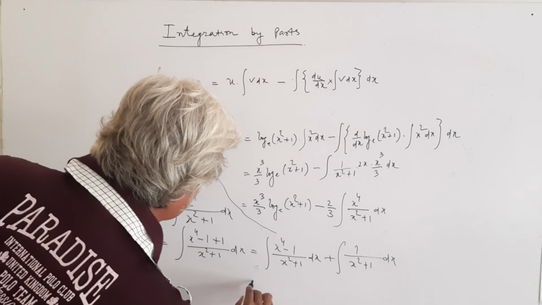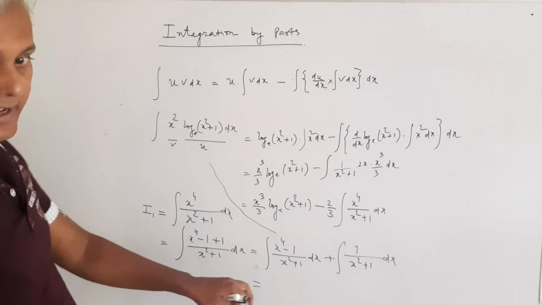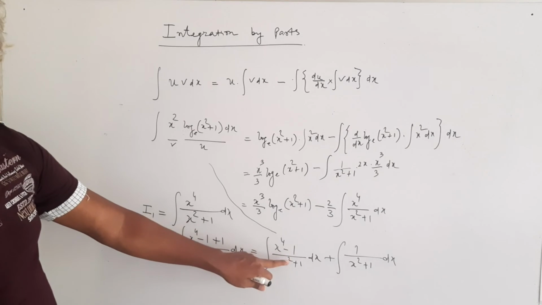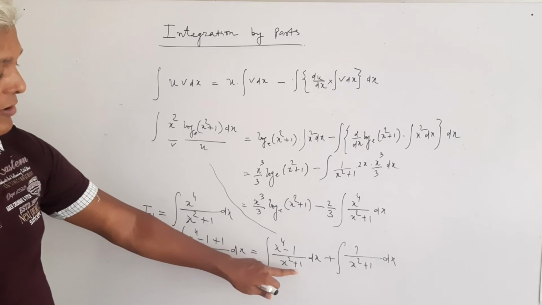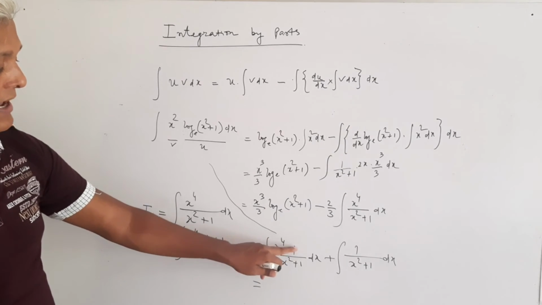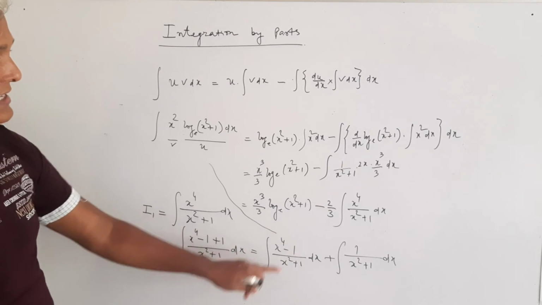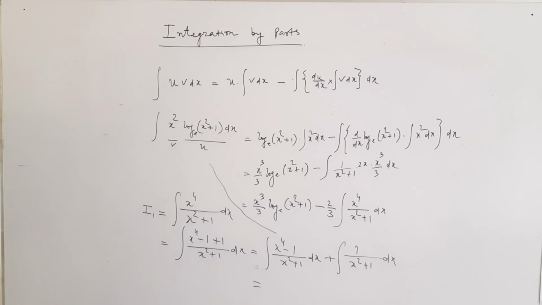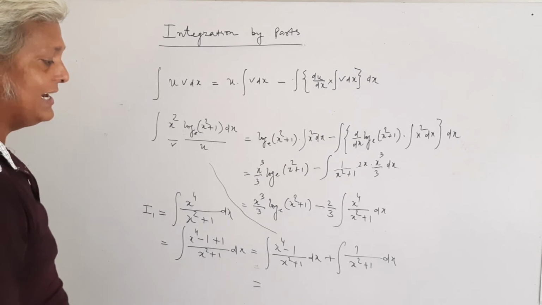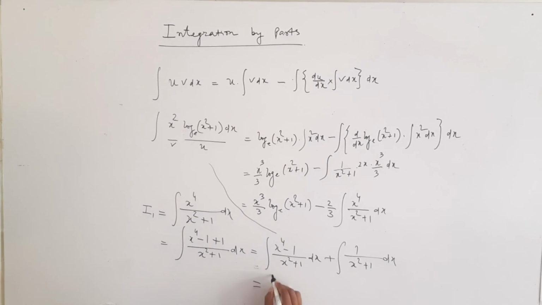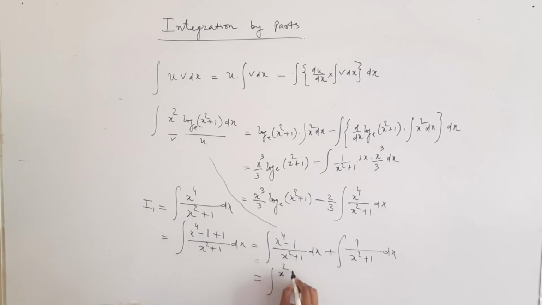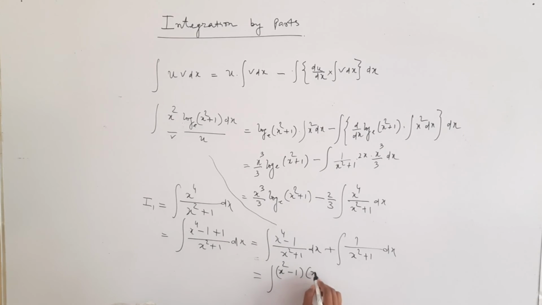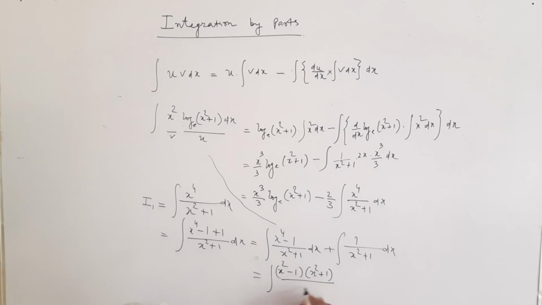Now you know the identity a square minus b square, and x to the power 4 minus 1 can be written as x square minus 1 and x square plus 1. So first let me factorize: this becomes x square minus 1 times x square plus 1 over x square plus 1 dx plus 1 over x square plus 1 dx.